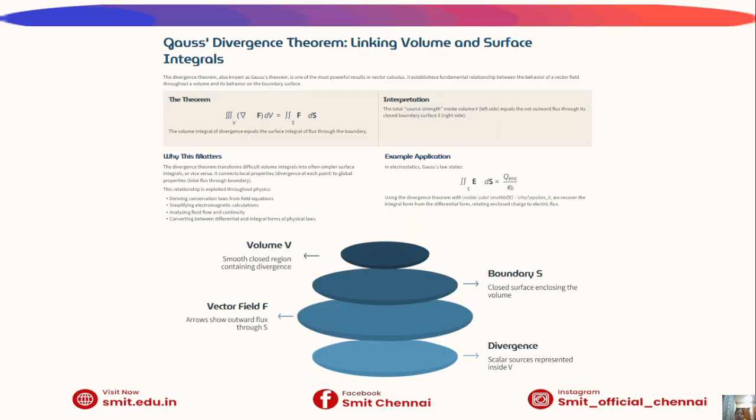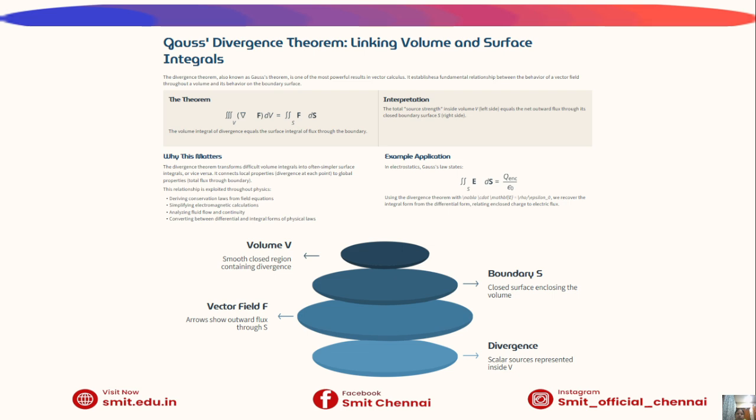Next, we see the Gauss divergence theorem. Gauss divergence theorem connects volume integrals and surface integrals. It states that the volume integral of divergence over a region is equal to the surface integral of the vector field over its boundary.